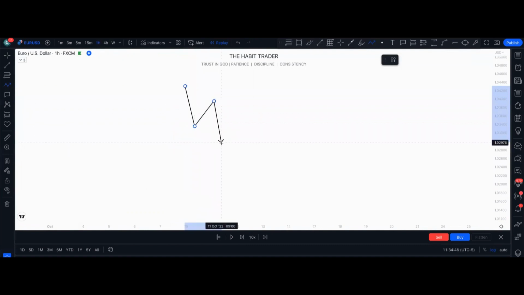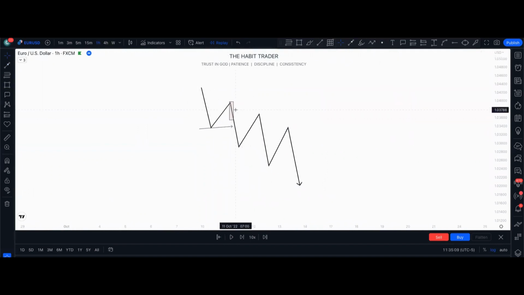So you will have a lower high, lower low, lower high, lower low, lower high, lower low, and so on. So in a bearish trend, when the price breaks a previous low and creates another low, right here, it creates a supply zone, right?